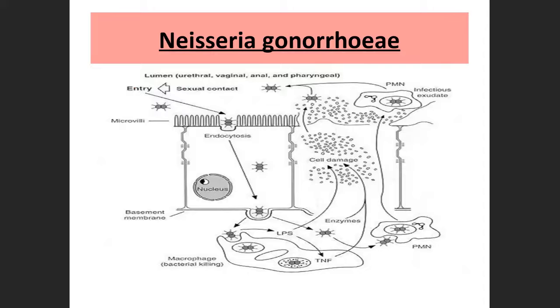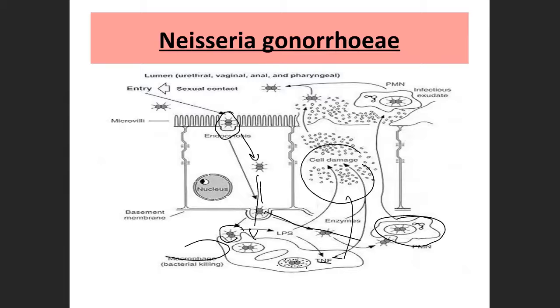And that's just showing you the organism gaining access to a mucous membrane cell, going inside the cell, traveling to the other side, being phagocytized by a macrophage and/or by a neutrophil, and from there eliciting an immune response that is going to create cell damage that would allow other bacteria to go in.